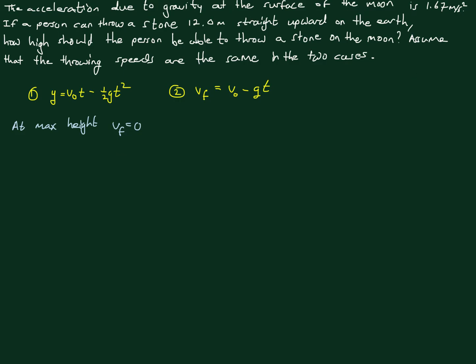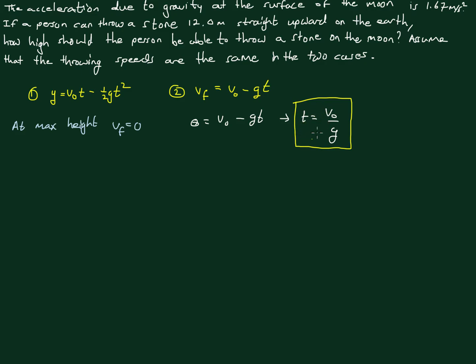So we can write this as 0 is equal to v sub naught minus g t, which means we can solve for t. So we find that t is equal to v sub naught over g. Okay? So let's box this off.